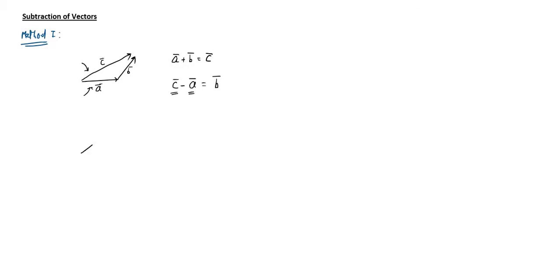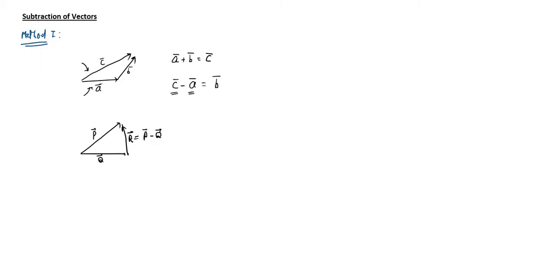It means if we subtract two vectors, suppose this vector is P and this vector is Q, and if we subtract Q from P, we will get this vector. Let us say this vector is R. So R is equal to vector P minus vector Q. In this way we can calculate subtraction of vectors.